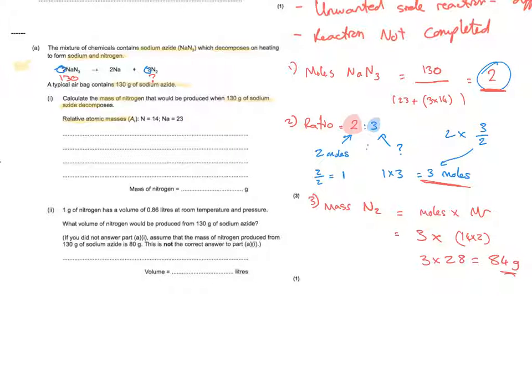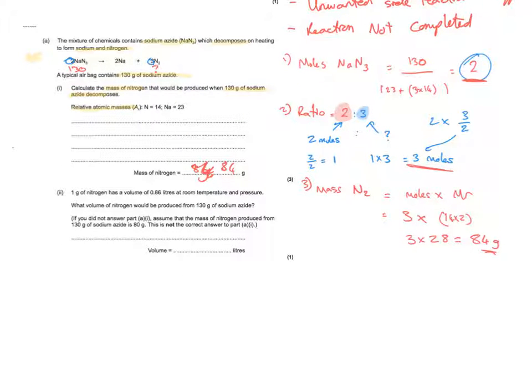Now, does this make sense? Well, if I start with 130 grams of a reactant and it breaks up, one is going to be less, so it's broken up, and one of the products is 84 grams, and the other product then must be the other part of that to make up 130.